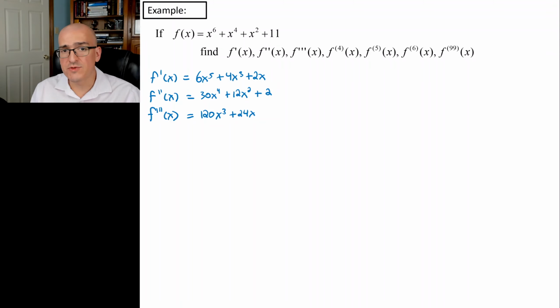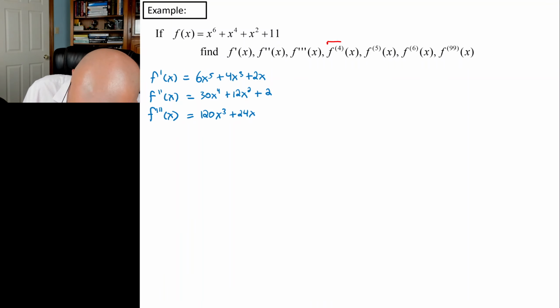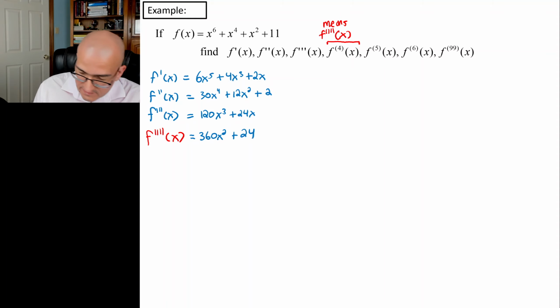Now we run into the new notation. f4 of x means f with 4 primes. 1, 2, 3, 4. Okay, that's the fourth derivative. The 3 will come down, multiplied by 120, we get 360x to the 2 plus 24.